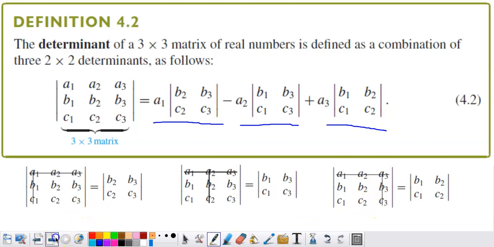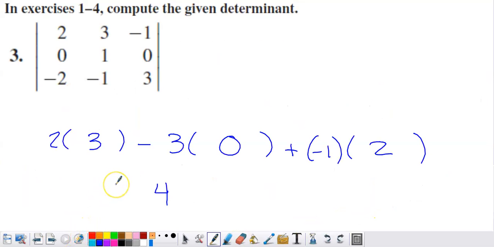So we'll go ahead and we'll put this definition to use one time real fast. I didn't really write this out in detail. You might find that helpful to you, I just went ahead and threw out this calculation. So this is not a cross product. All we are asked to do here is compute the given determinant.